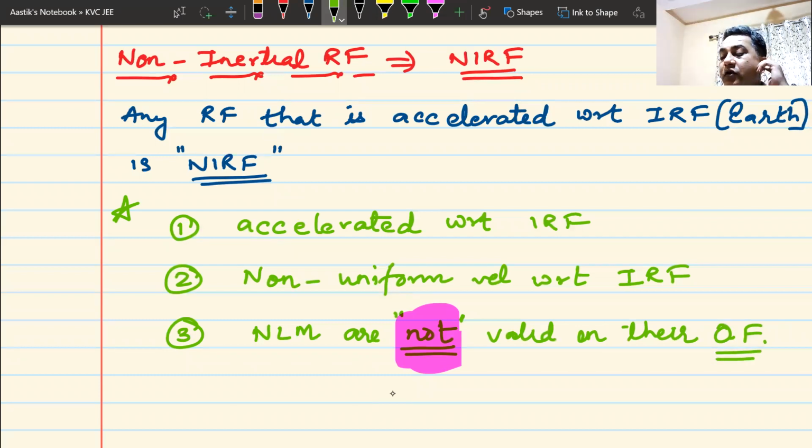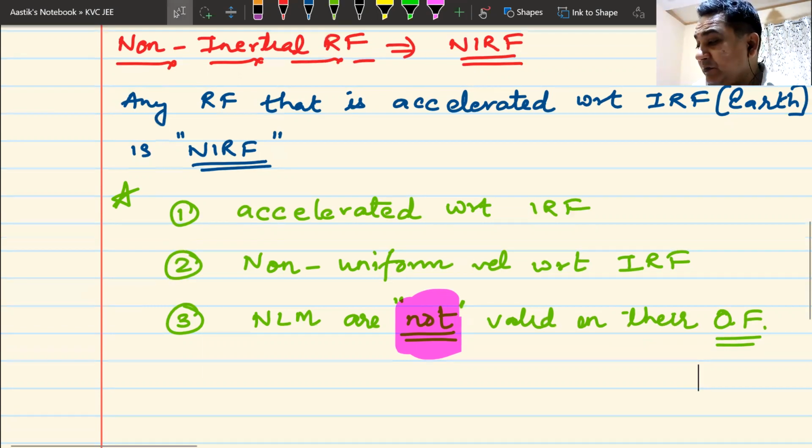In their original form, they are not valid. You cannot apply Newton's laws of motion in a non-inertial reference frame.